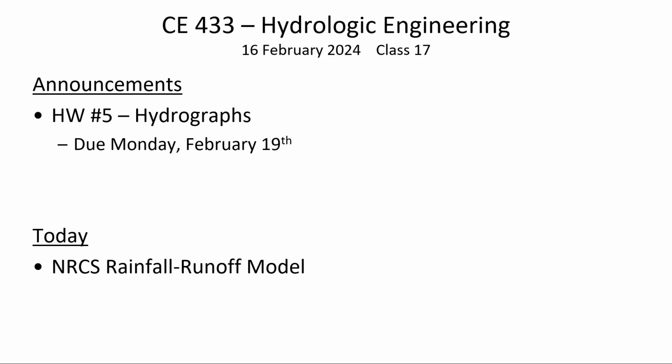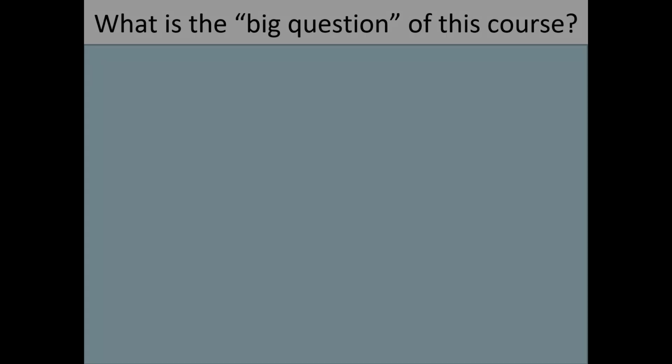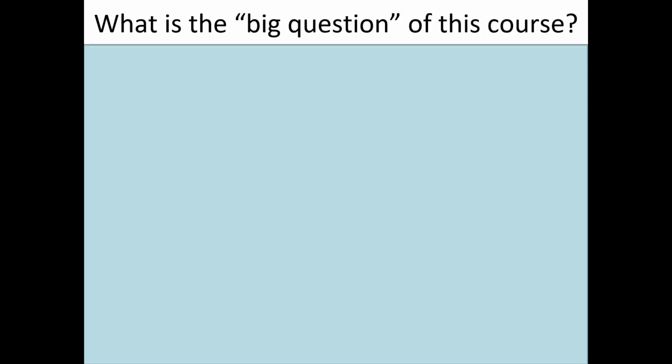What we're going to be doing today is moving on to the next step in the process of being able to predict stream response in the face of rainfall events. And so we're going to be applying one of the most widely used rainfall models, the NRCS method. I think this is an appropriate time for us to take a step back and think about what's the big picture of the course.